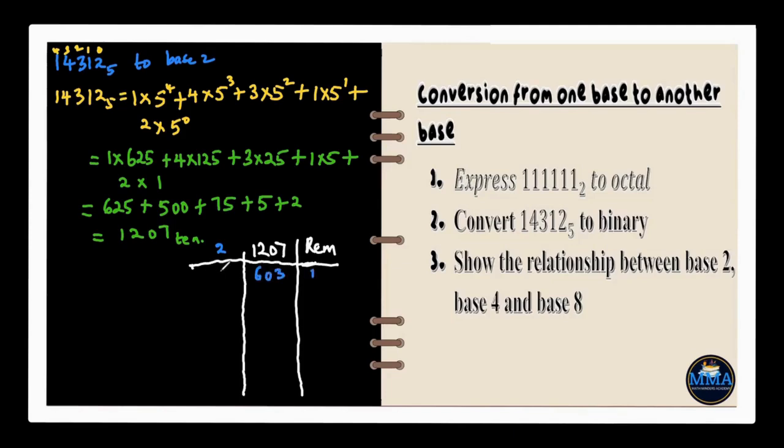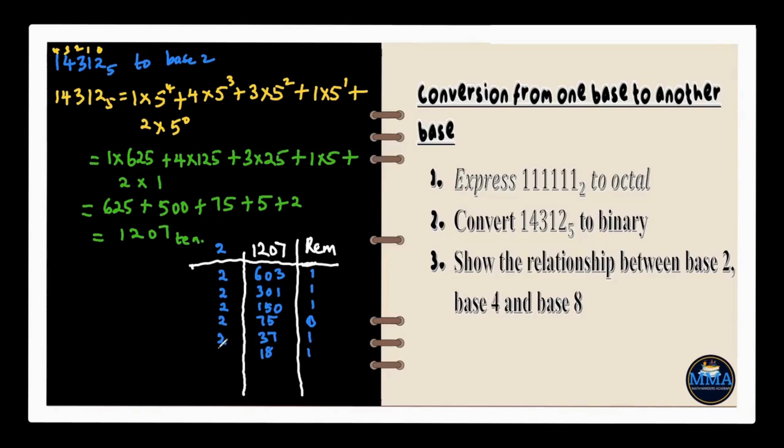Remainder 1. Divide by 2 again, we have 301. Remainder 1. Divide by 2 again, we get 150. Remainder 1. Divide by 2 again, we get 75. Remainder 0. Divide by 2 again, gives us 37. Remainder 1. Divide by 2 again, we get 18.